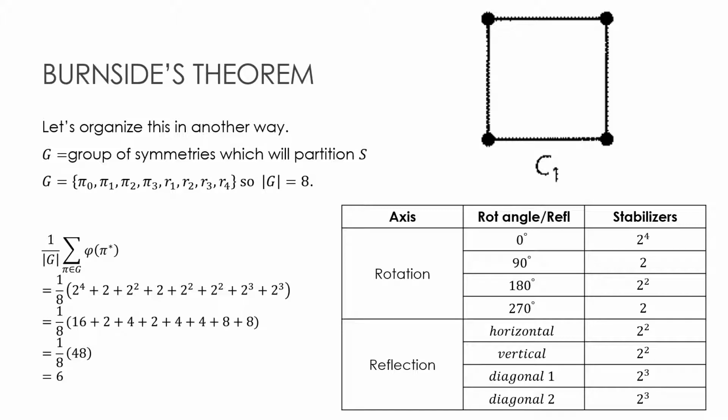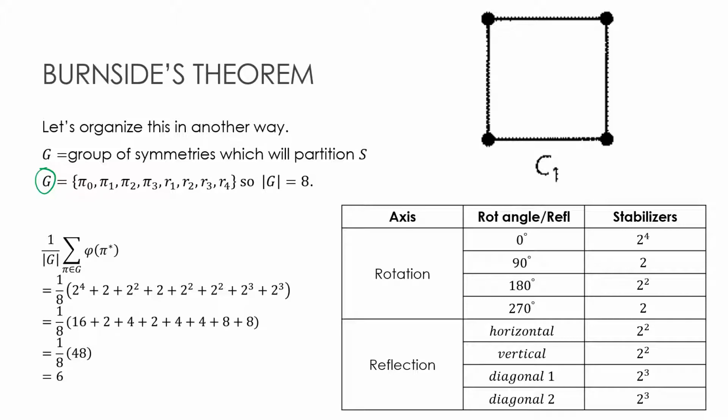I don't want to have to draw all of those pictures. I don't want to have to do a lot of work. I just want to be able to find the answer quickly. So the first thing you have to know how to do is, of course, know the symmetries, and we've already been through those, so I'm not going to go through those again. We've got 0, 90, 180, 270, and then we have the reflections, horizontal, vertical, each diagonal.